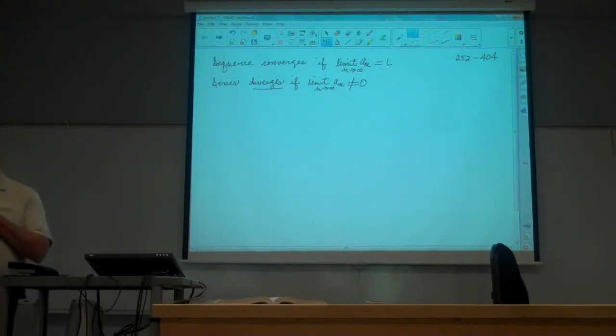Our test 10 is going to say, for the following sequences, determine if they converge or diverge and explain why. So the first thing you should do is take the limit of the nth term, and if it's 0, you keep going.